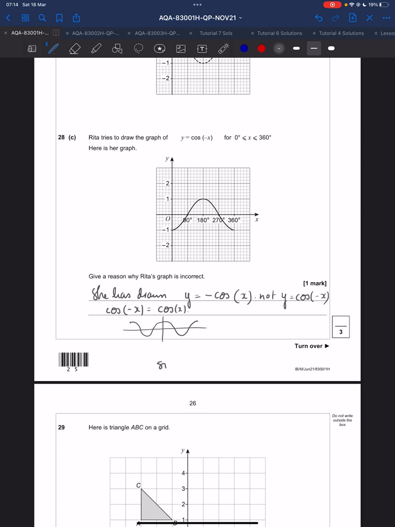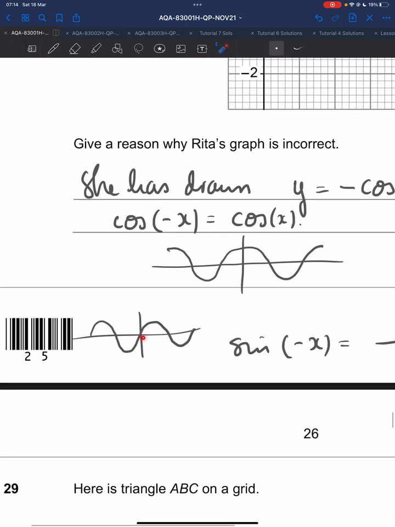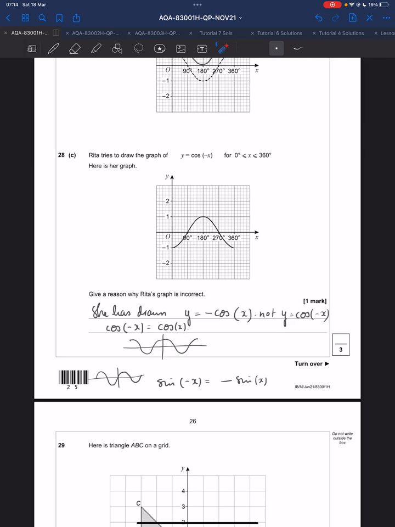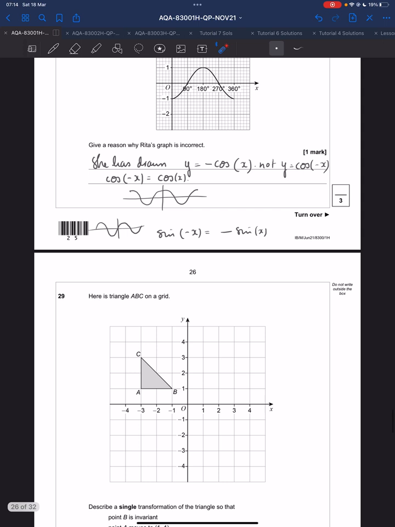Okay, sine of minus x is minus sine of x. That would be a teaching point rather than part of this exam, because the sine graph looks like this. So the sine of the negative number is minus the sine of the positive, because it's got this rotational symmetry. So I think that's what she's mixed up. Yeah, it would work for sine, not for cosine now.